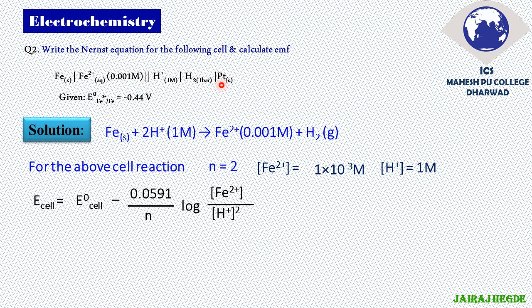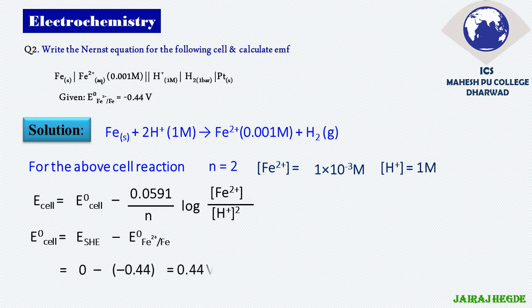That means this is undergoing reduction, meaning cathode, and this will be anode. For the calculation, E naught cell will be equal to E naught cathode minus E naught anode. So E naught cathode is SHE and E naught anode is Fe2 plus bar Fe. The standard hydrogen electrode's reduction potential is assumed to be 0.